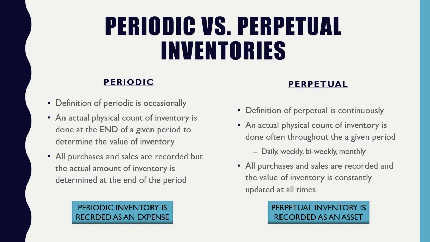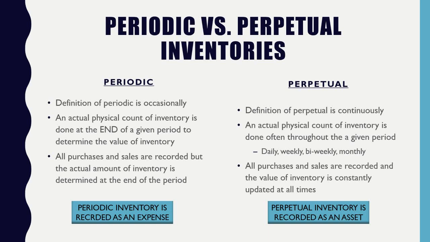The difference is that with perpetual inventory, since you continuously update inventory when you purchase and when you sell, you recognize it as an inventory asset account. That's the huge difference here. Periodic are expenses, perpetual inventory asset.